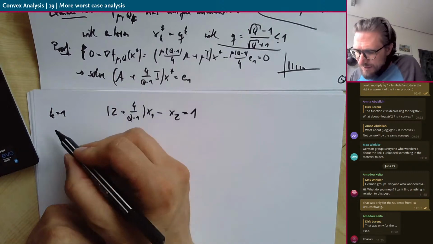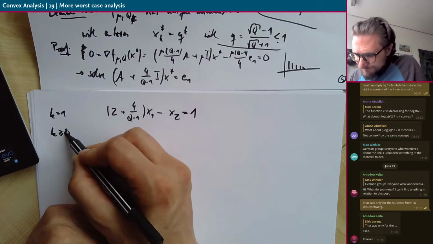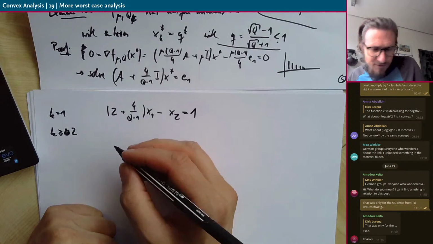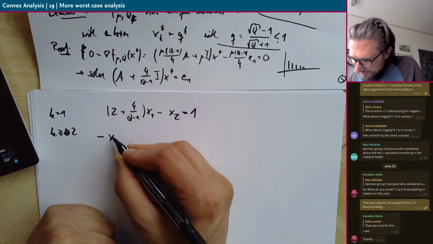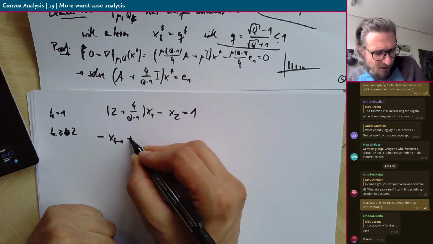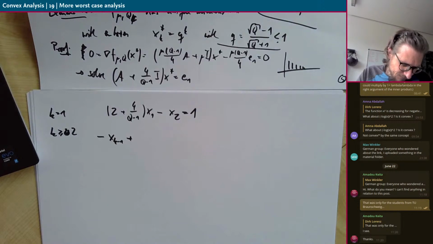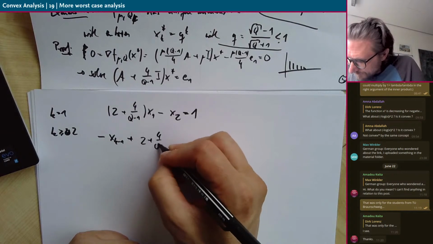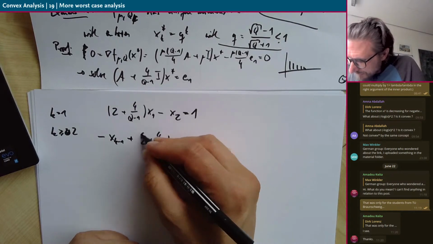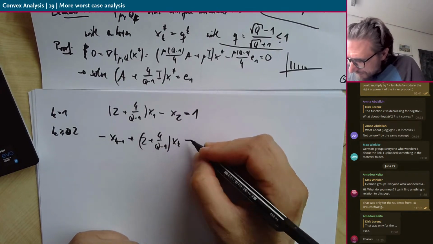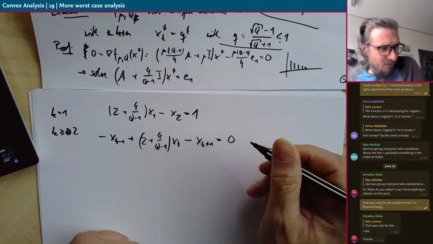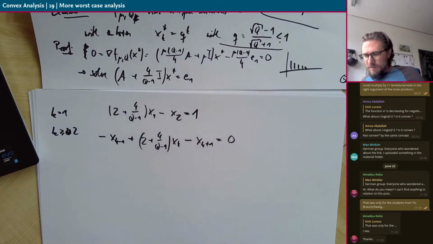And for k larger or equal to 2, we have one more summand, which gives minus x k minus 1 plus 2 plus 4 over q minus 1 times xk minus xk plus 1 equals 0. These are all the equations.